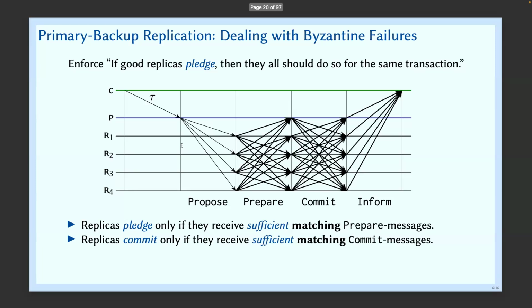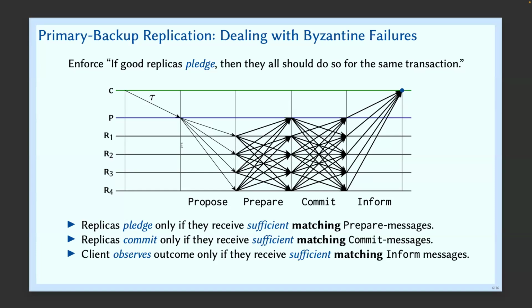Once you reach the committed state, you inform the client. Once the client also collects enough messages, the client considers the transaction to be committed. So this was the flow.